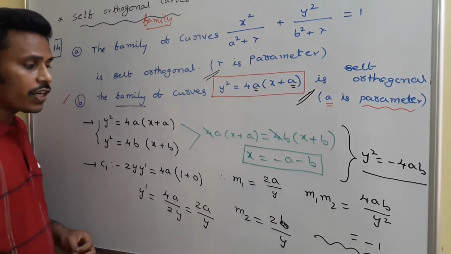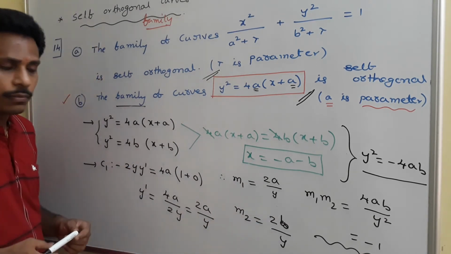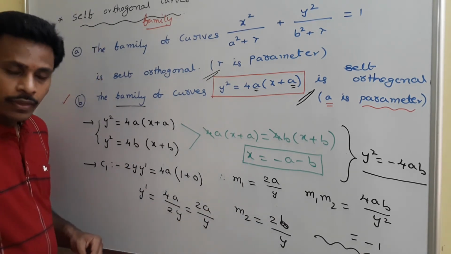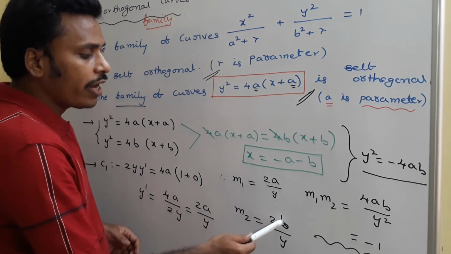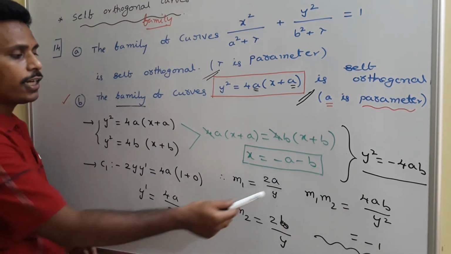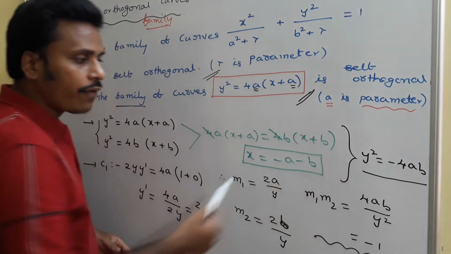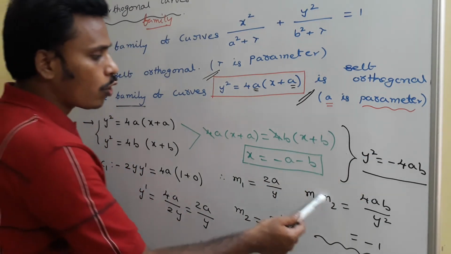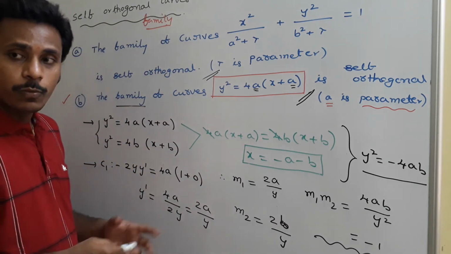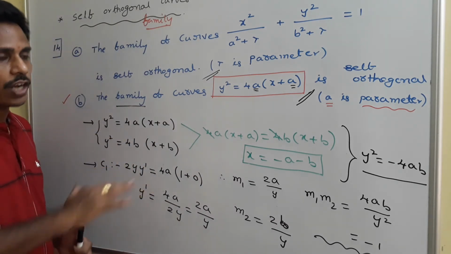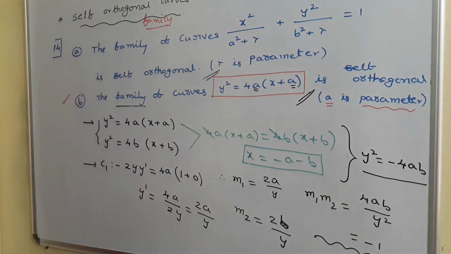And for the second curve, it is 2b by y, because they are similar, you just write it in a similar way. Now calculate the product m1 and m2. This is 2a into 2b, which is 4ab, and the denominator is y square. Already we have y square as minus 4ab, so m1 into m2 is minus 1. Since the product of the slopes of the tangents is minus 1, the curves are orthogonal. There ends our task. You just have a look.